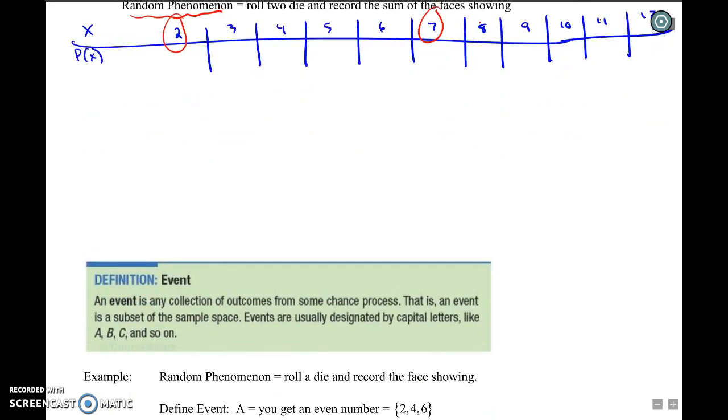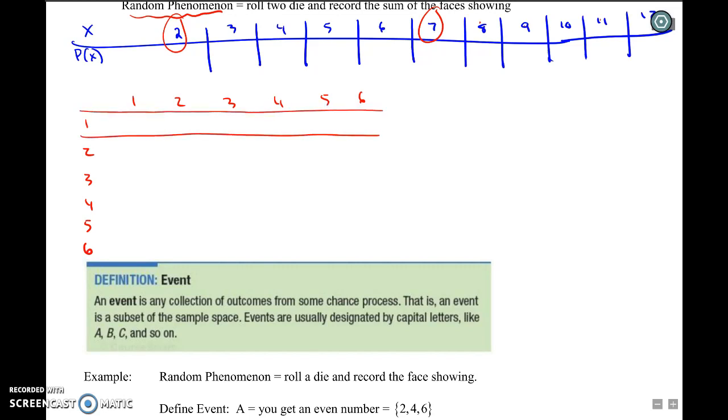One way to do it is to create a list of outcomes if I was recording the faces. So if we had die 1 was 1, 2, 3, 4, 5, 6, and die 2 had a 1, 2, 3, 4, 5, 6, and I create this little grid, this will have all the outcomes.